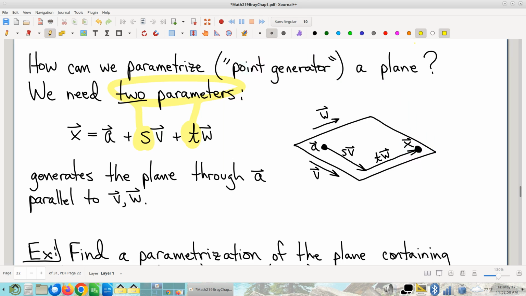And so, by the way, this generalizes. Not only will two parameters by way of this construction generate a plane, but two parameters by way of other formulas that we're going to talk about later in the course will generate surfaces in general.